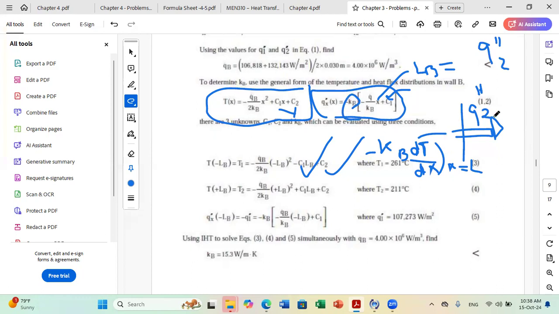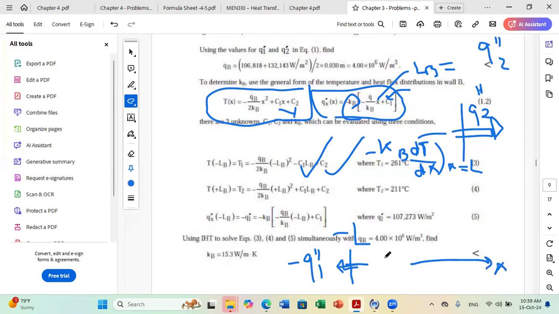You could use this condition, or you could use the condition at the other surface, at minus L. At minus L, what is Q second conduction? It's Q1. And actually, it's minus Q second 1. You know why it's minus? Because Q second 1 is evaluated in the direction towards the left, while here T as a function of x is positive to the right.